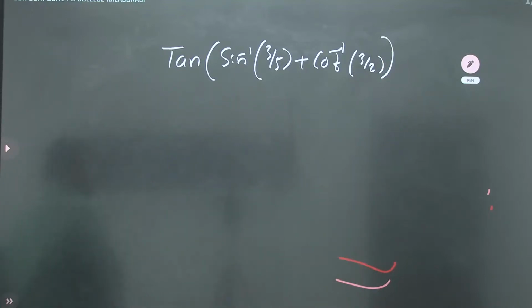Sine inverse of 3 by 5 plus cot inverse of 3 by 2. Find the value.